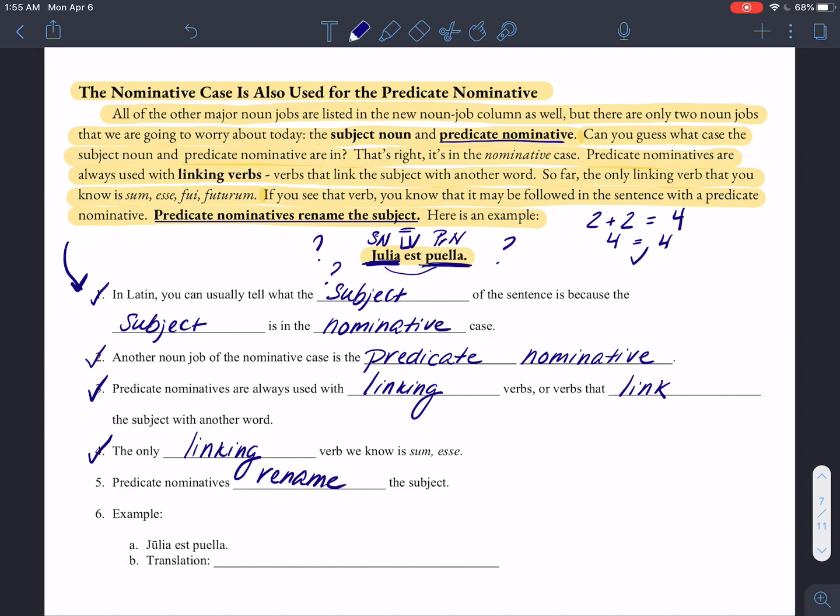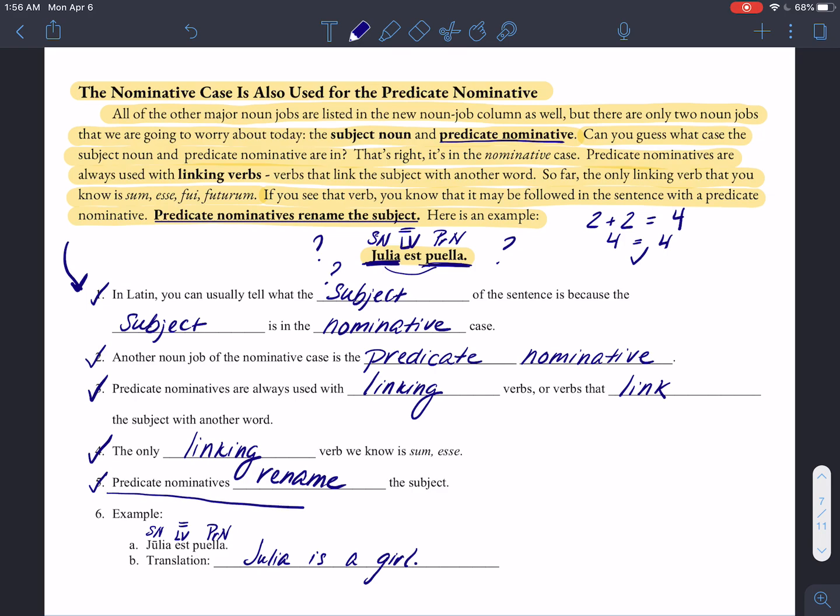So our example, number 6. Julia is your subject, est is your linking verb, and puella is your predicate nominative. Your translation here is Julia is a girl. Now let's think about this.